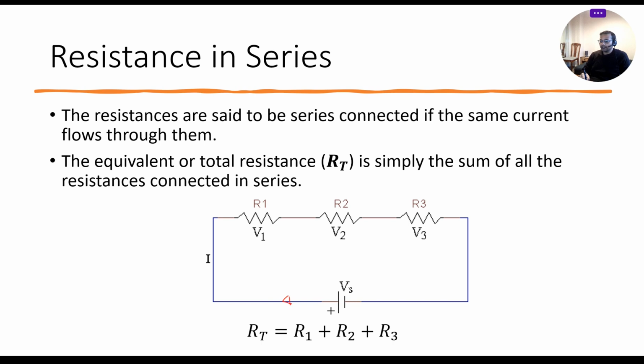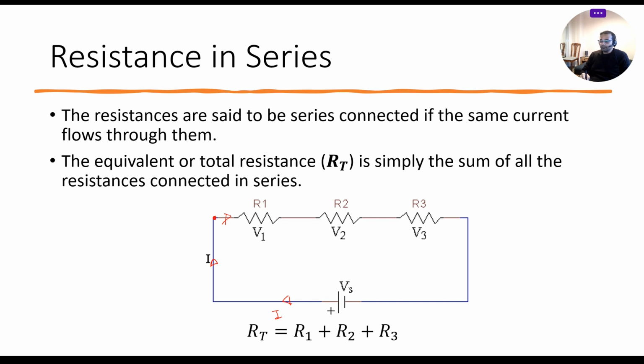Let's say current I starts from your source, and then at this point it will have no other path, right? All the current will have to flow to resistance R1.